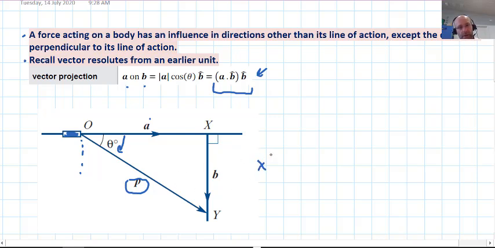What we're going to be looking at is the vector projection of vector P onto vector A. Another way of saying that is we're looking at the vector projection of P parallel to A, in A's direction, in other words.